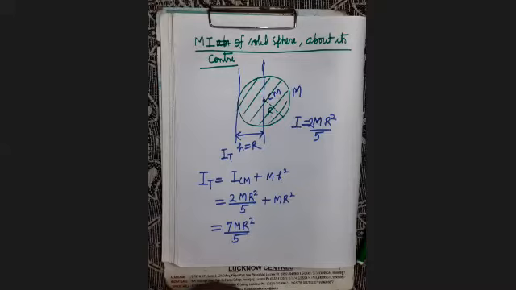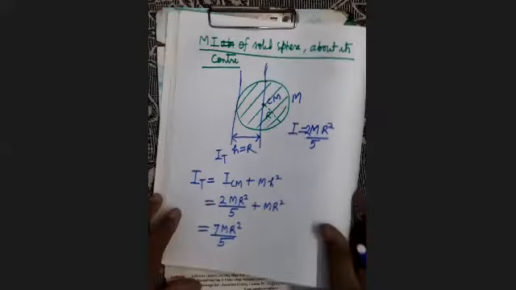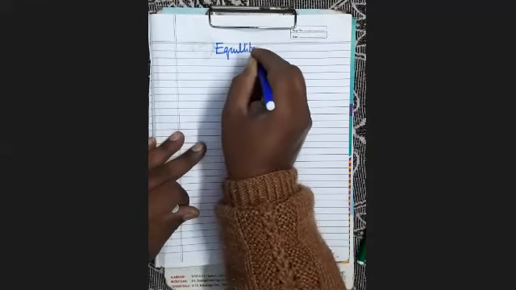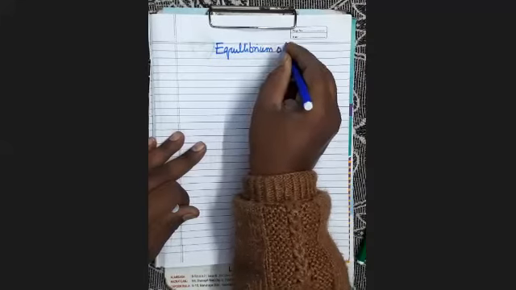After that, we will see the equilibrium of rigid bodies. It's clear. Equilibrium. So first you know what is the meaning of equilibrium. Equilibrium of rigid bodies.